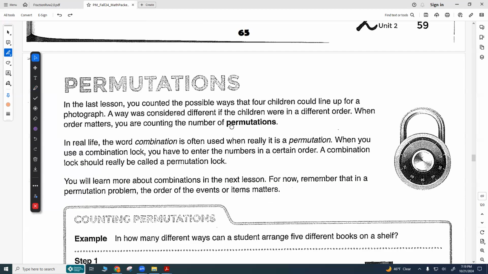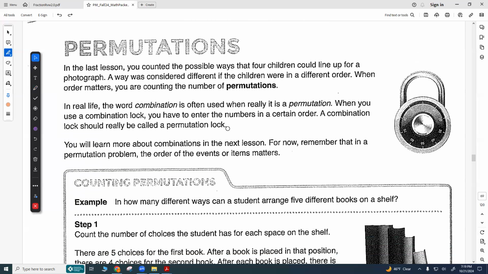Let's look at page 66. Okay. So what we've been talking about, as you can see here, is when we count the possible ways, okay, in the last lesson, you counted the possible ways that 4 children could line up for a photograph.